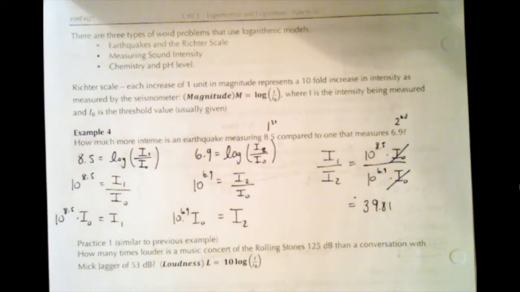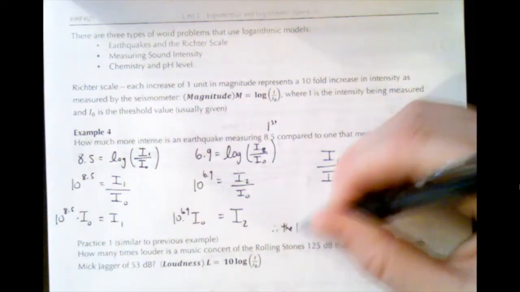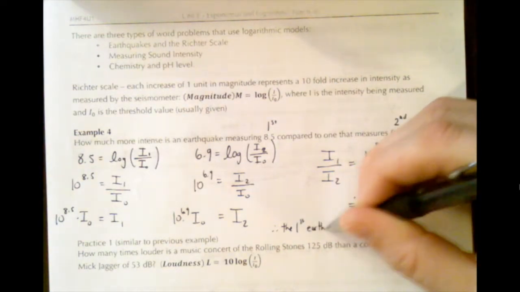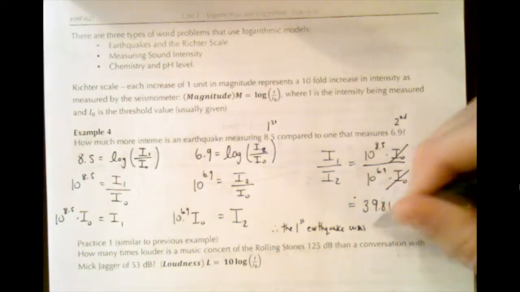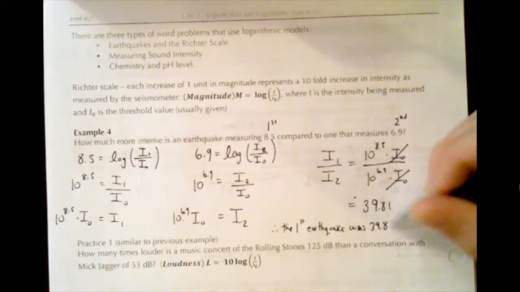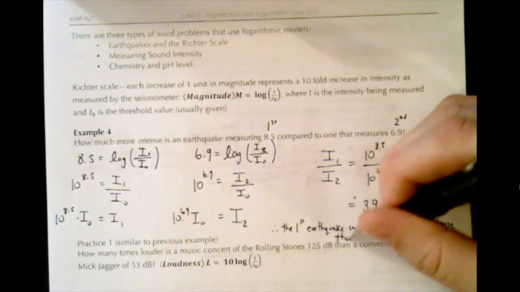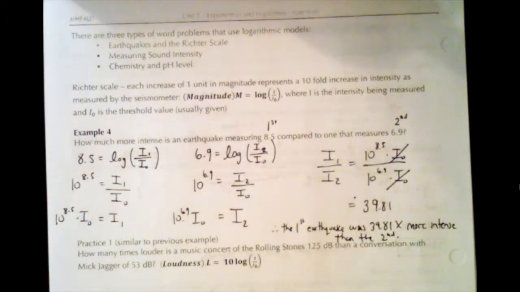So as a conclusion, we could say the first earthquake was 39.81 times more intense than the second. Perfect.